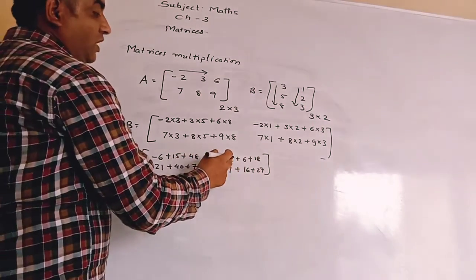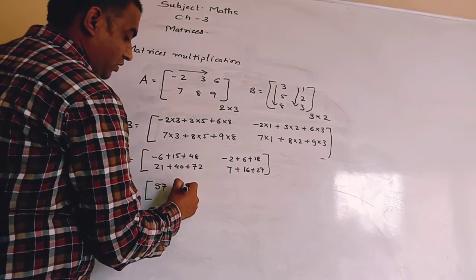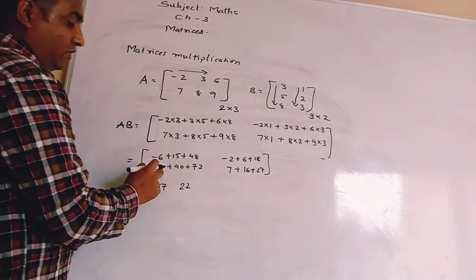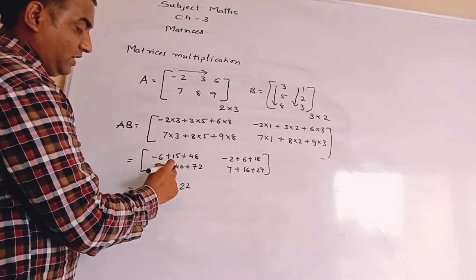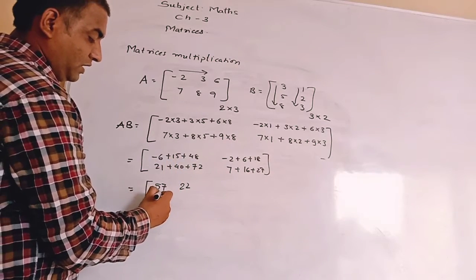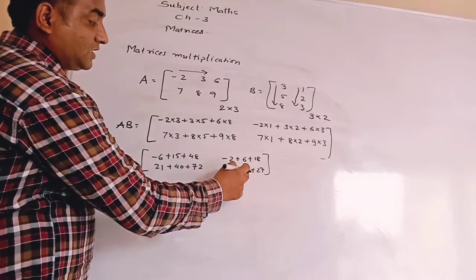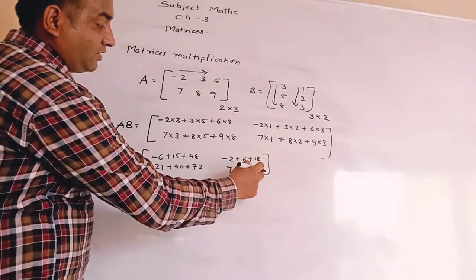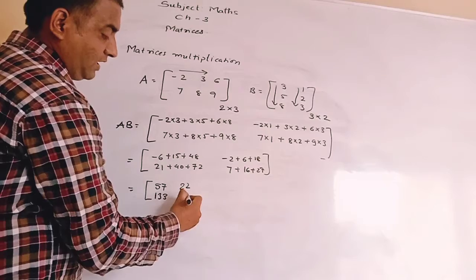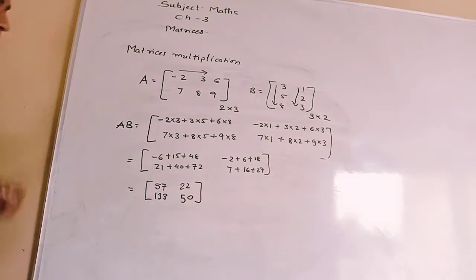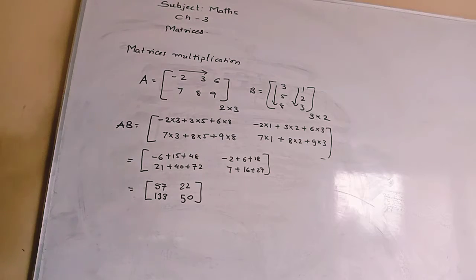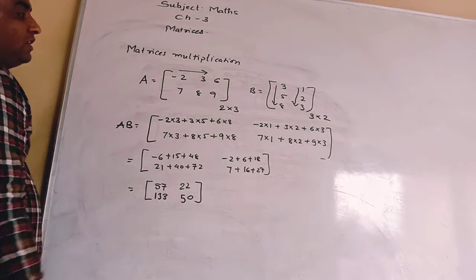Here 6 minus 2 is 4, 18 plus 4 is 22. Now 133 and 50. So the AB answer we got is 57, 22, 133, 50.